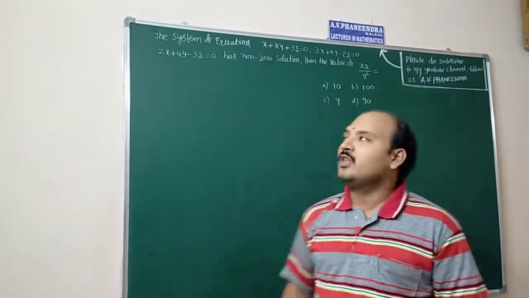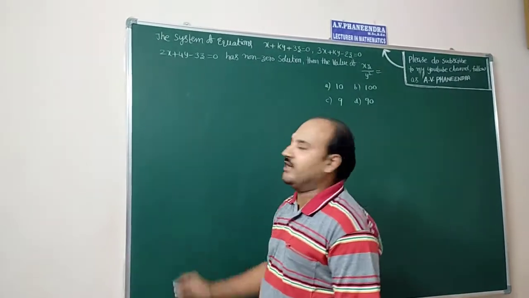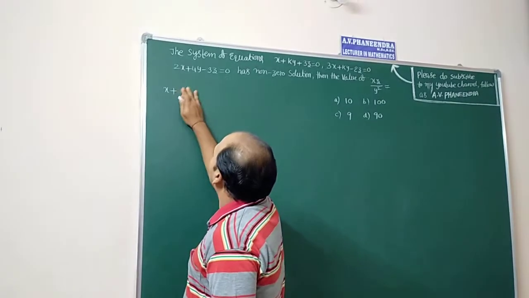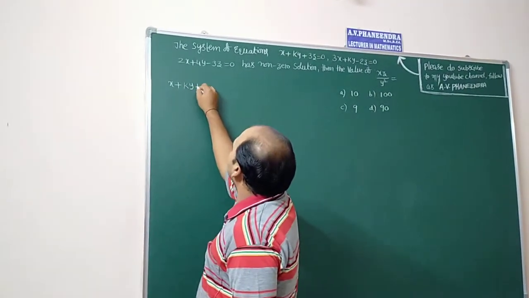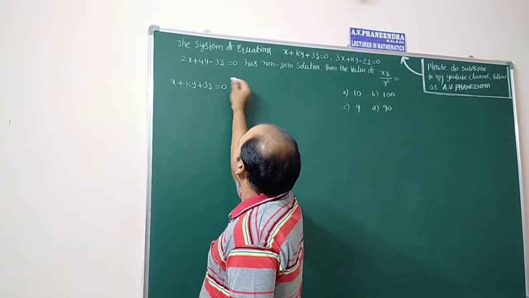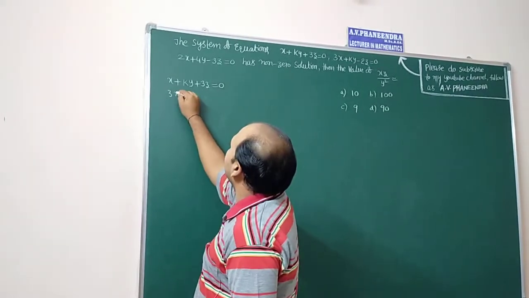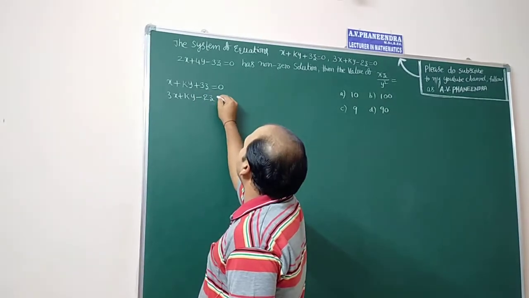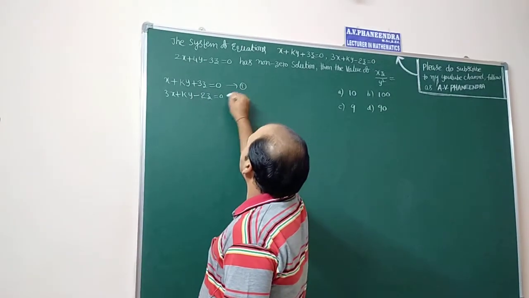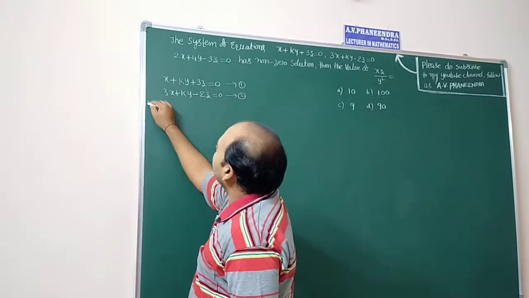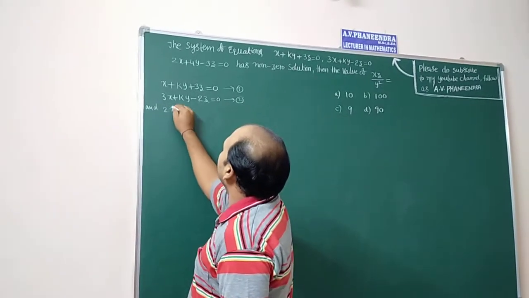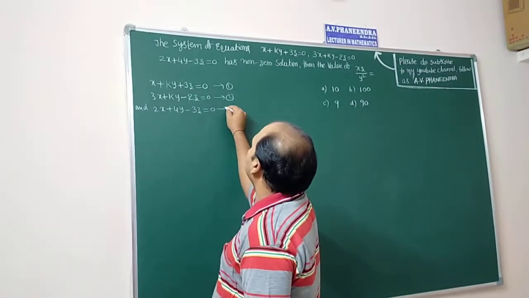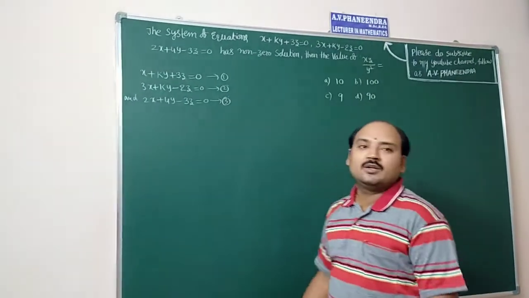equal to 0. First, we have to write the system of equations. What are the system of equations? x plus ky plus 3z equal to 0. Next, second one, 3x plus ky minus 2z equal to 0, equation 1, equation 2, and third one, 2x plus 4y minus 3z is equal to 0, equation 3.